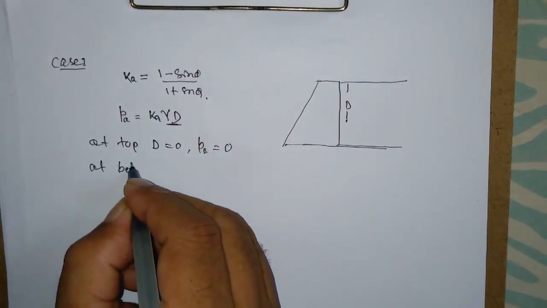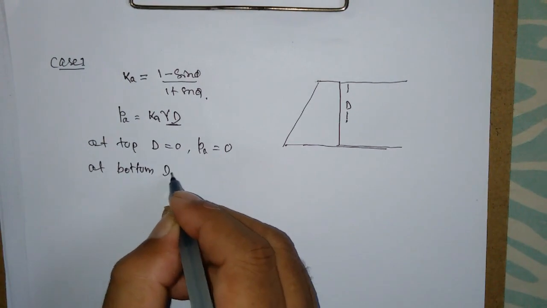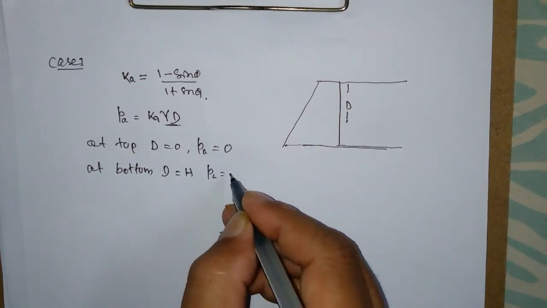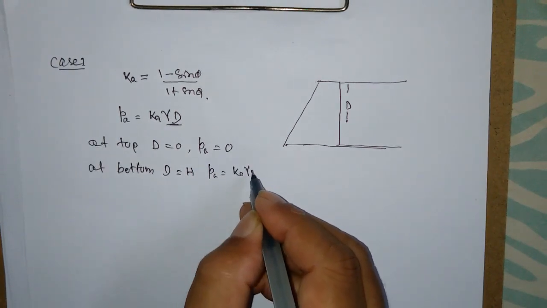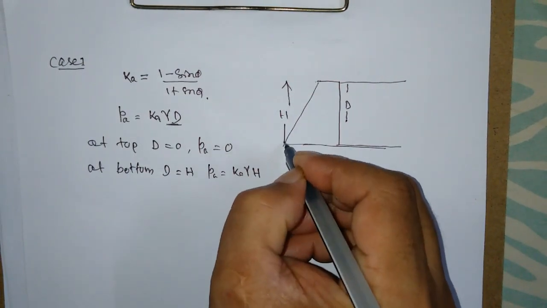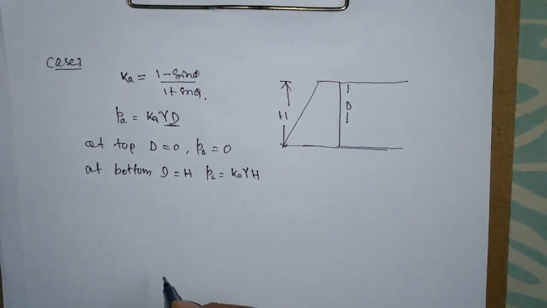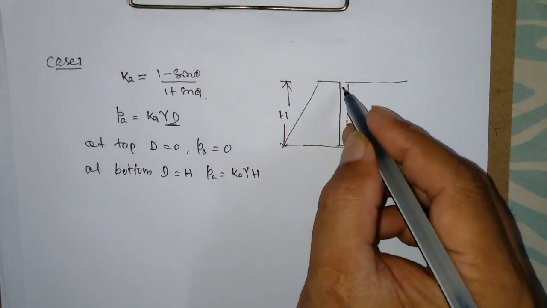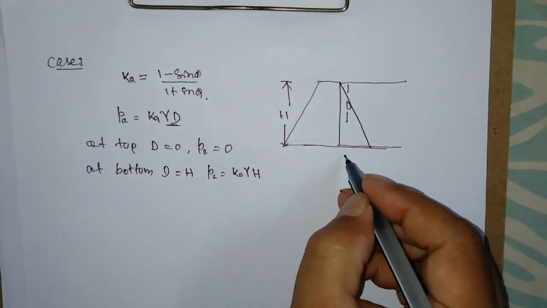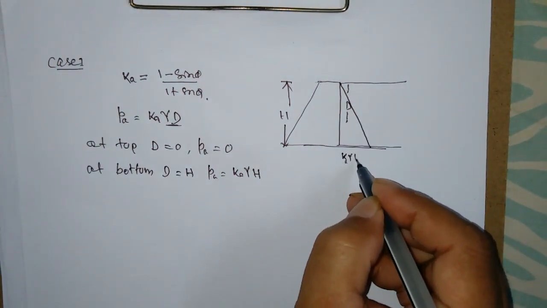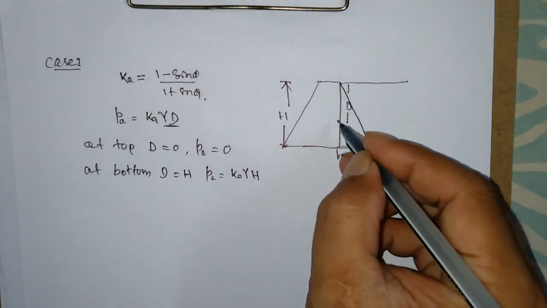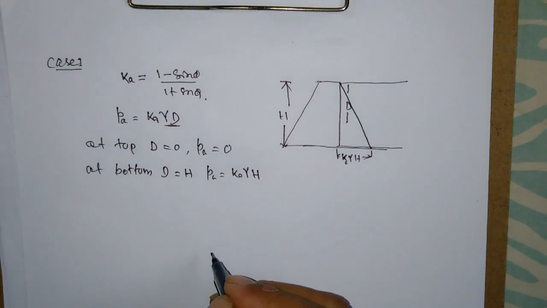At bottom, when D is equal to H, Pa will be Ka gamma H. Let the height be H. So the stress distribution diagram, if it is drawn, will be 0 at the top and Ka gamma H at the bottom. It is a triangular stress distribution diagram.